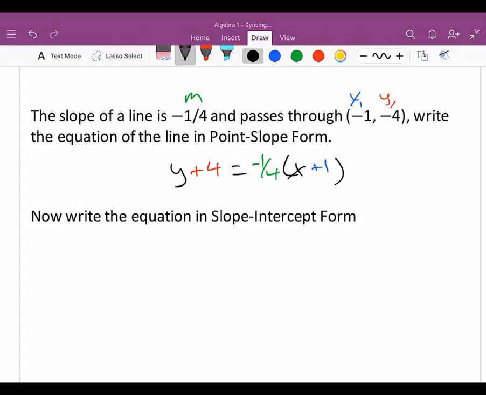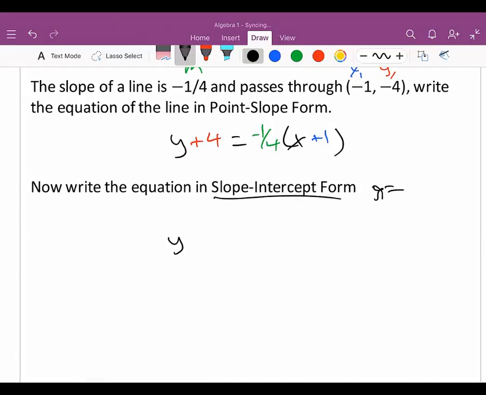Alright, slope-intercept form, got to solve for y, so y plus 4 equals negative 1/4 (x plus 1).